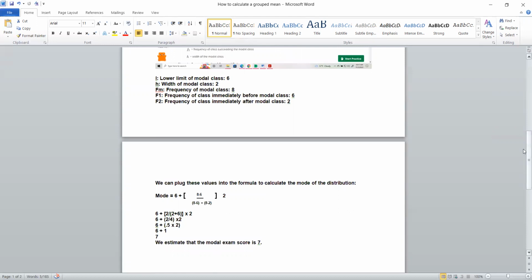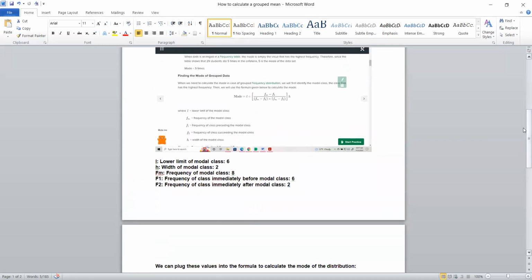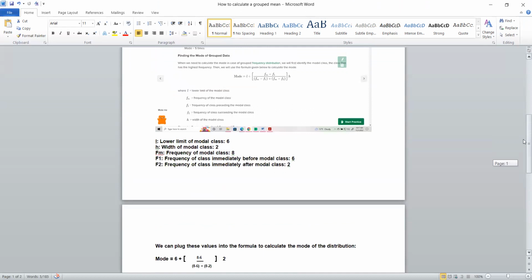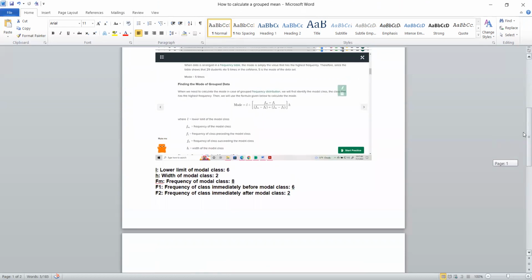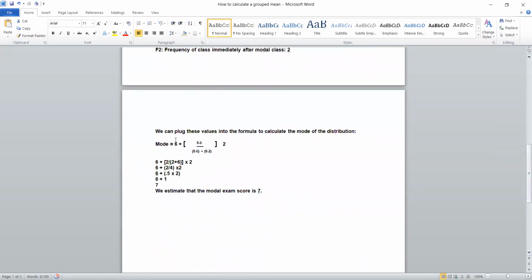So FM was 8, F1 was 6, so 8 minus 6 divided by, and we have FM minus F1 plus FM minus F2. See that right here? I know it's hard to see. So that's 8 minus 6 plus 8 minus 2. And that's all multiplied by 2 at the end, which is our width of the modal class, H. All right, so I wrote it out.